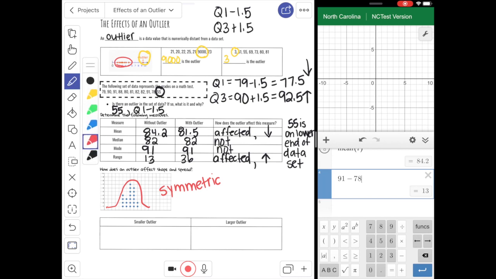Let's put it over here on the lower end. That is going to cause my graph to now be skewed to the left. Wherever you have an outlier is how the data is going to be skewed. So I now have a tail over here, and it's going to be skewed to the left.